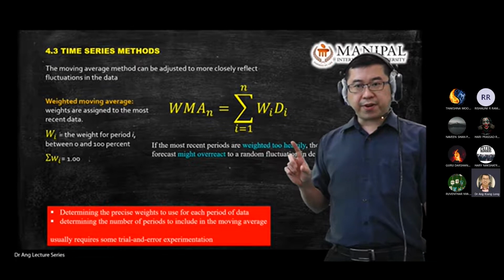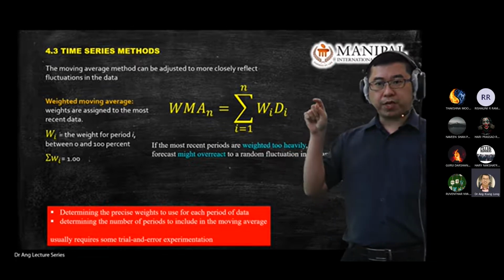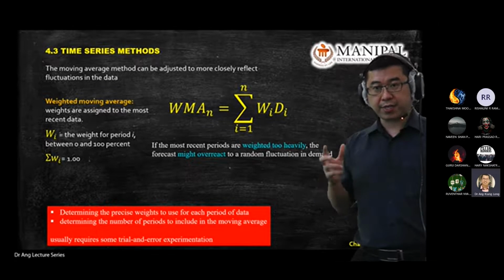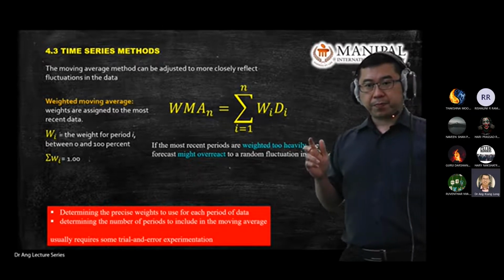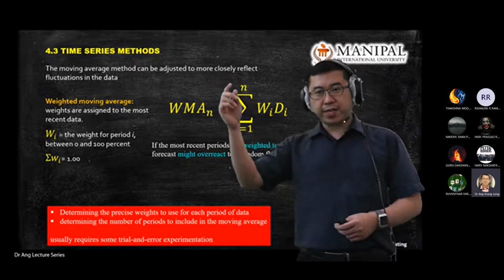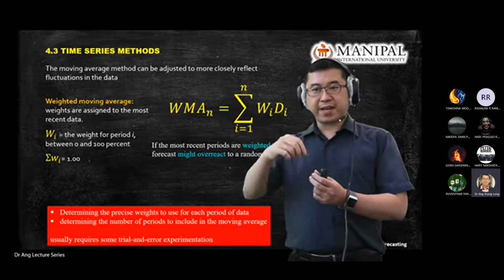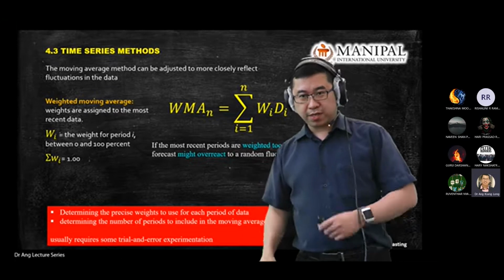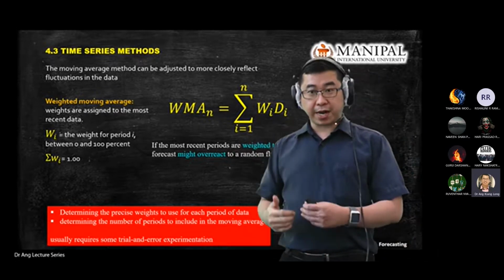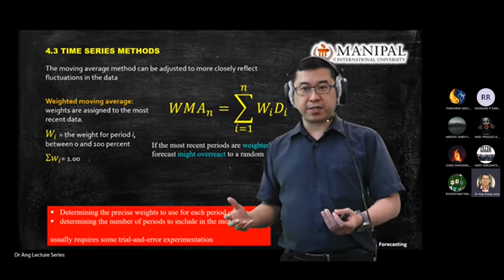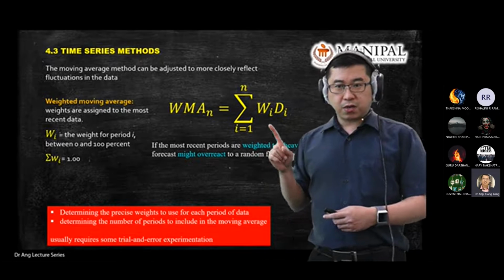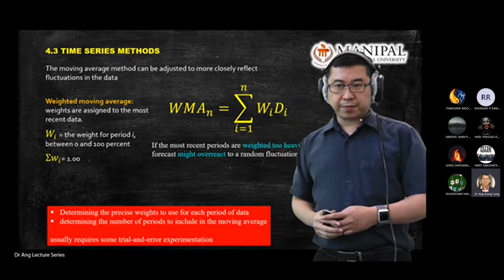If you input too heavy a constant value in your forecast, it will overreact, meaning sometimes you project too extreme data, either too high or too low. And we have seen what happens to the supply chain when you over forecast or under forecast. So it is not a good thing to overweight your data.